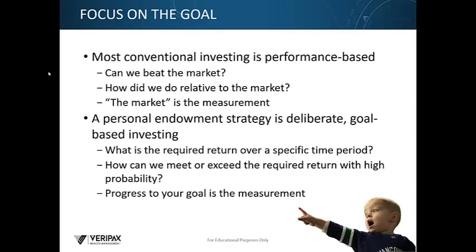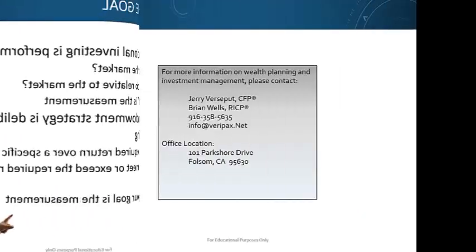So we ask different questions. What's the required return that we need over a specific time period in order to meet your goals? How can we then meet or exceed that required return with the highest probability that we can manage to get? When we do it this way, then the measurement of success is progress to the goal, not how did we do relative to the market.